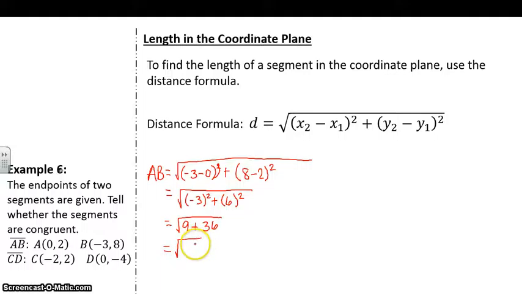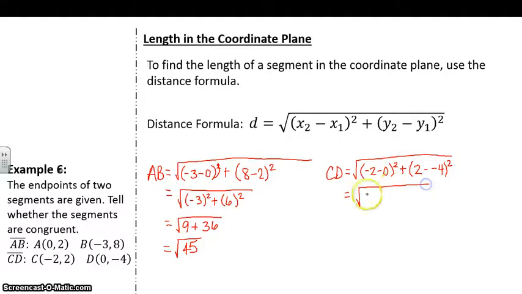what do I get? I should get the square root of 45. Now you could do the decimal on that if you want to, but I'm just going to leave it as is so that I can now do CD. Let's find how long CD is. For my x values, I'll do the other order, since it doesn't matter. I'm going to do (-2 - 0) in parentheses squared plus (2 - (-4)) squared.